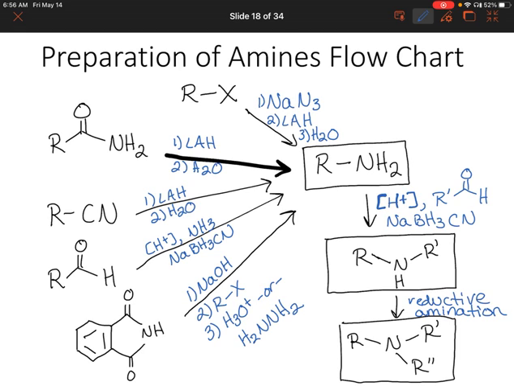Because maybe we don't have any amines handy, so we could start with an aldehyde and ammonia and then make our primary amine. And then we can use the primary amine that we synthesized along with reductive amination to then make a secondary amine. And then we could go a step further and make a tertiary amine. So lots of tools in our tool belt now.